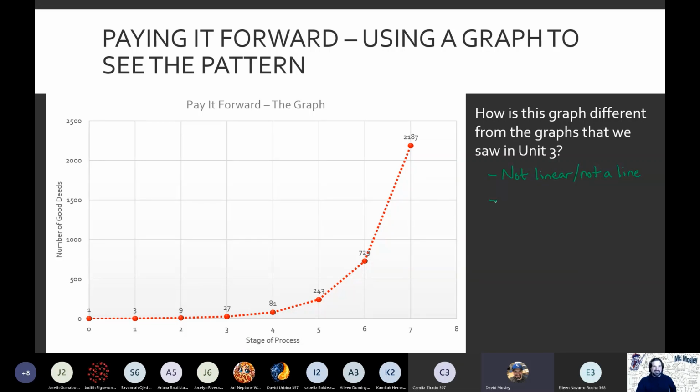If it's not linear, what kind of a shape could we say that it is? Yes, Miguel, exactly. It's curved.